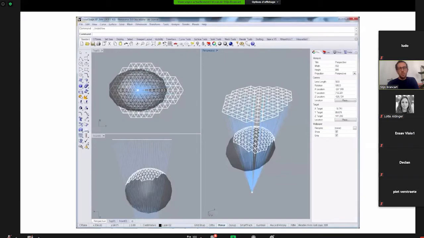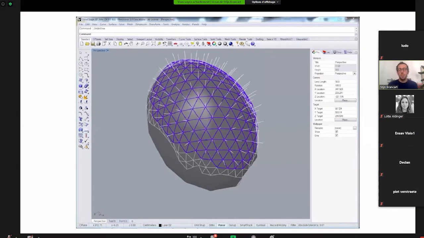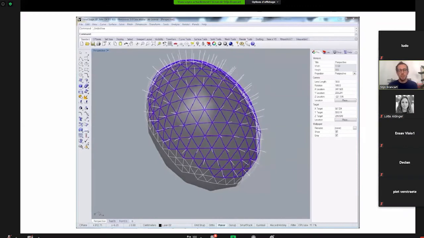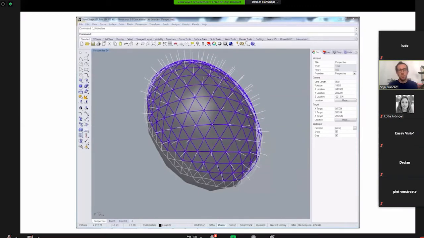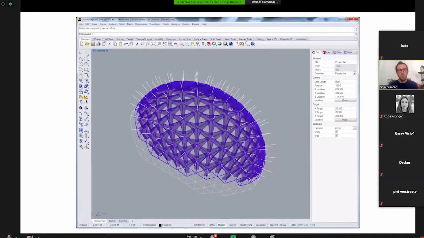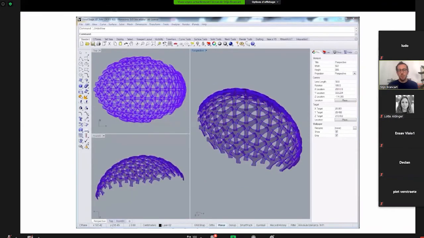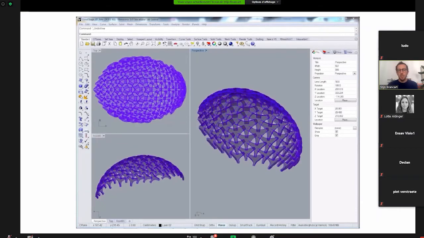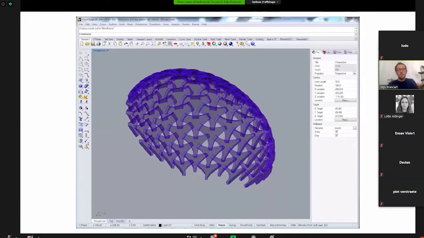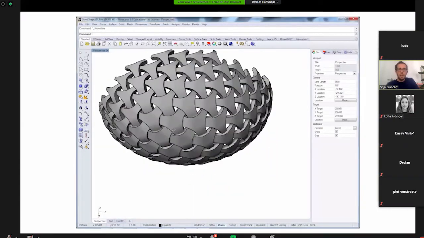So here's a short video showing how that works. We start from this base shape, which is then triangulated for these triangular components, which we could then adapt a little bit to this shape, of course. And we can immediately generate these components and also adapt them. They are fully parametric, so we can adapt them over the surface, generating some more material where we need it, and some bigger openings where we need a little less material.